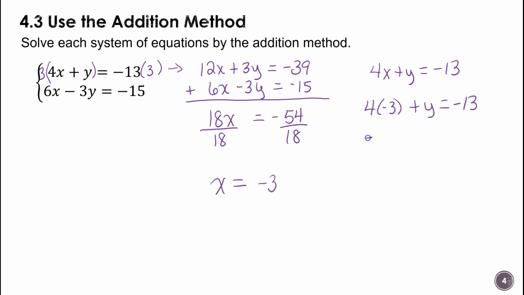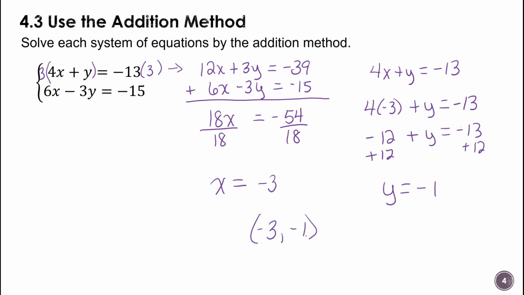I'm going to simplify 4 times negative 3 and then add 12 on both sides. So y equals negative 1. So that gives me that ordered pair, negative 3, negative 1. And that's that equation. All right, we're on to the next one.